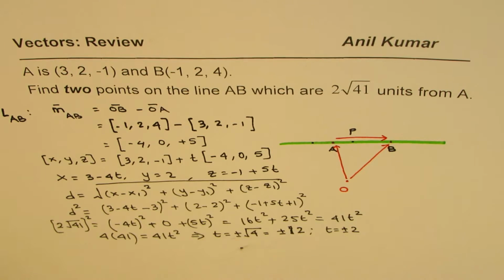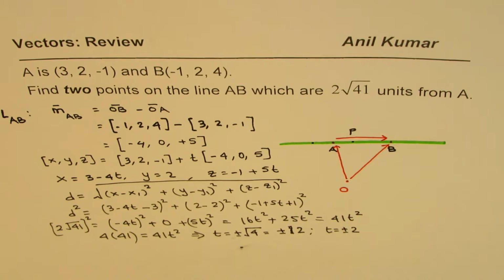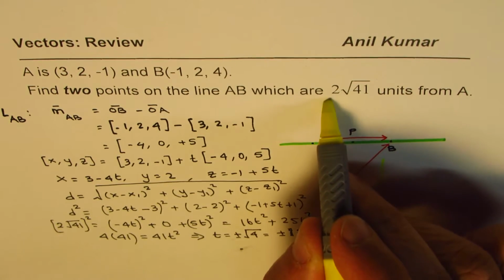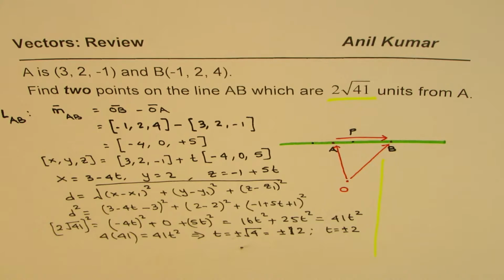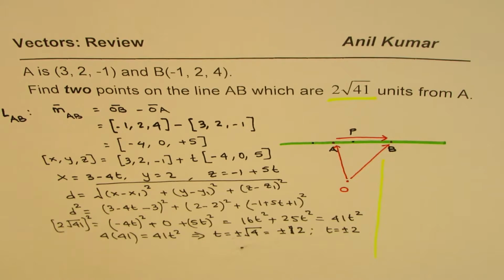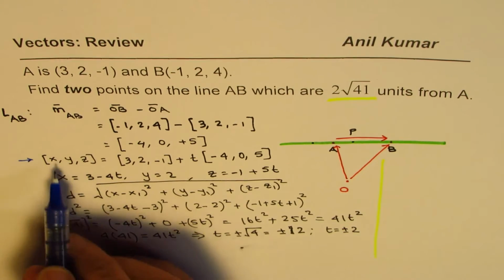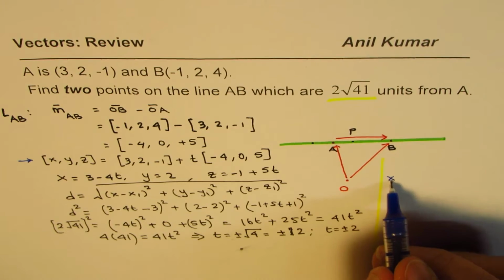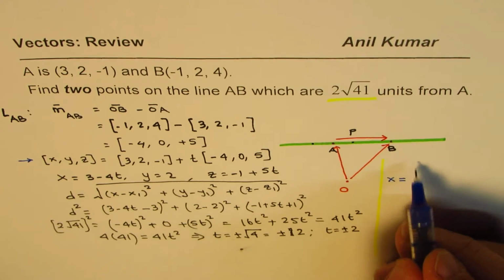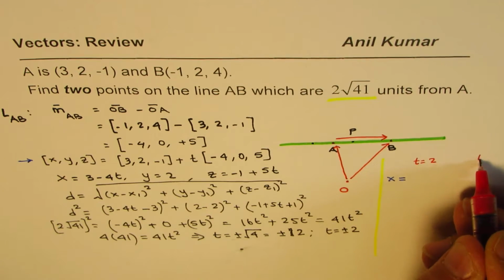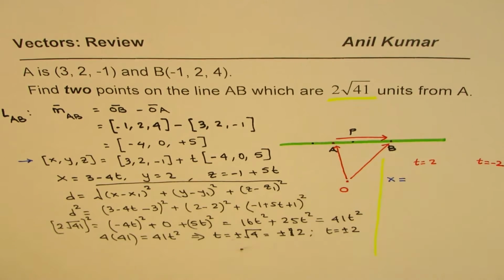With that, we can get the coordinate points which are 2√41 distance away from A. We'll substitute these values in the general equation, first for t equals 2, and then for t equals -2.